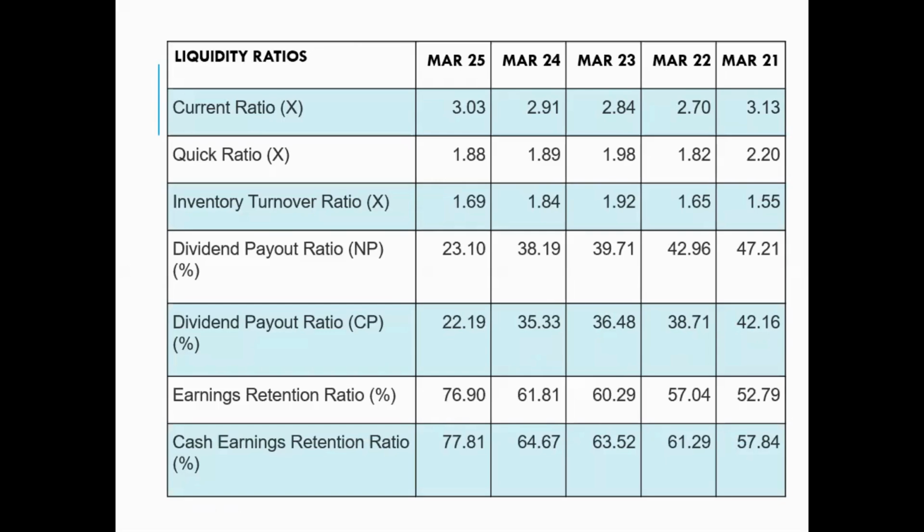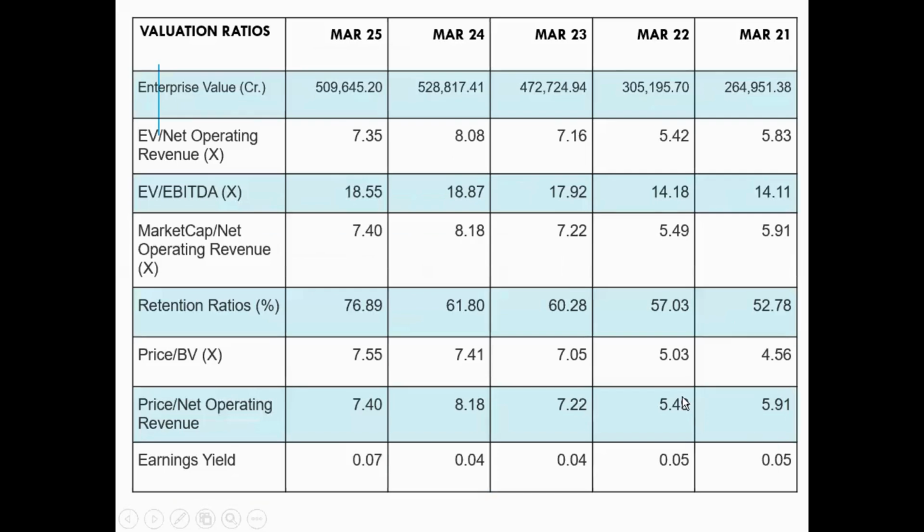Earning retention ratios are 26.90, 61.81, 60.29, 57.47, and 52.79. Cash earning retention ratio is 77.81, 64.67, 63.52, 61.29, and 57.86.